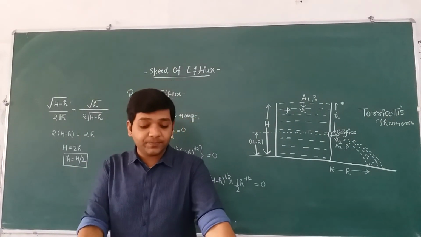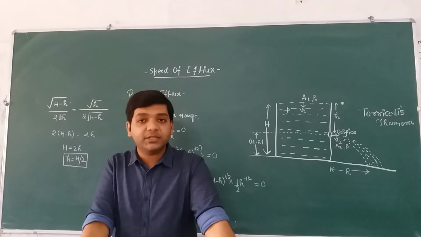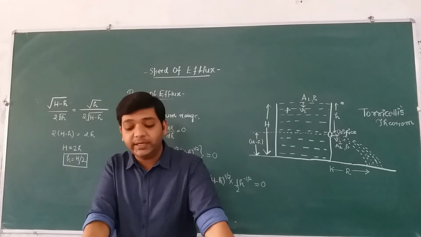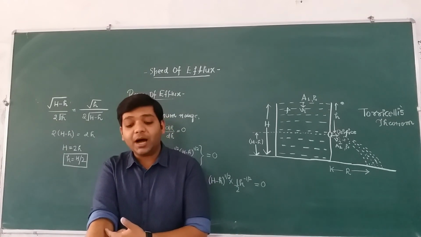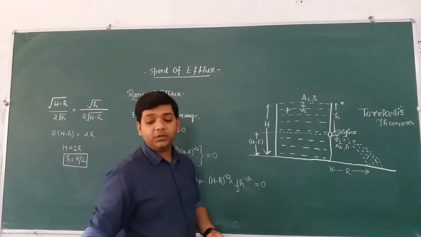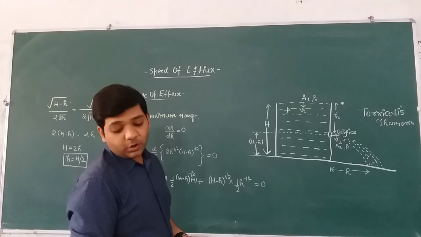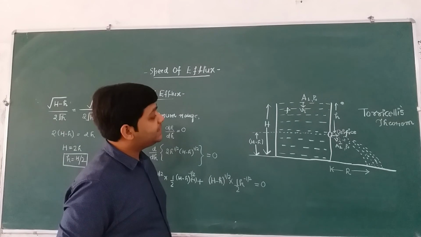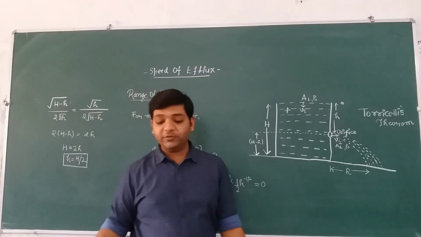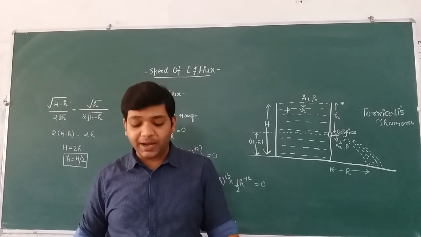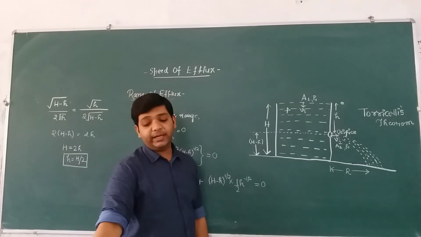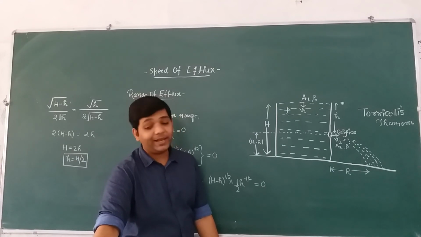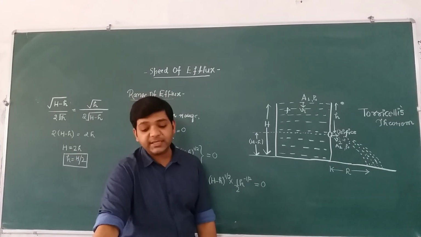Torricelli's theorem states that the velocity of efflux of a fluid flowing out of a hole on the wall of a vessel is equal to the final velocity of a body falling freely from a height small h, where small h is the depth of the hole from the free surface of the liquid.